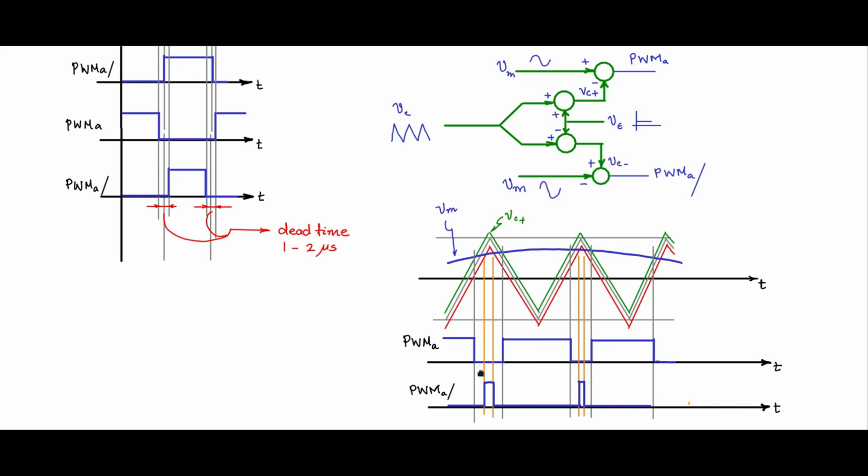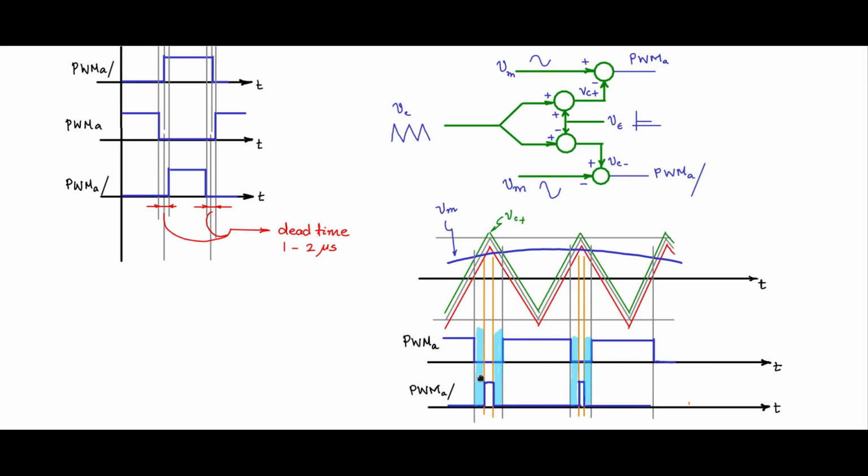So you see that you have this dead band, a fixed dead band as determined by V epsilon. V epsilon will determine this fixed dead band. Irrespective of the pulse width, this fixed dead band will be given between PWMA and PWMA bar.